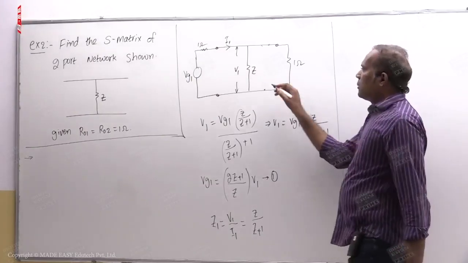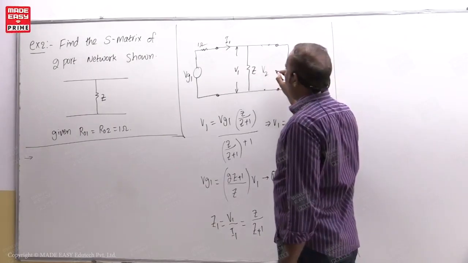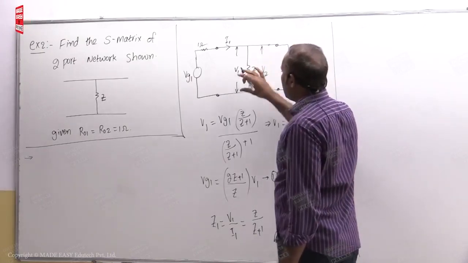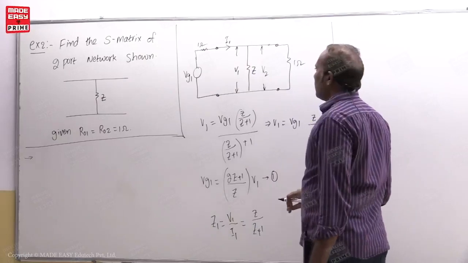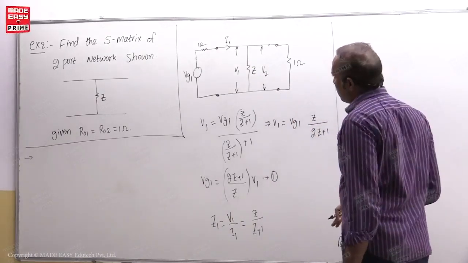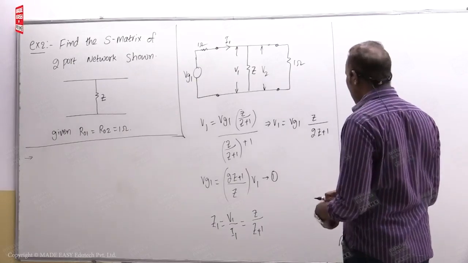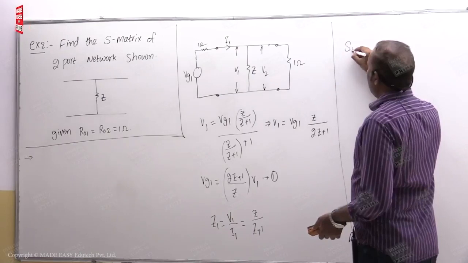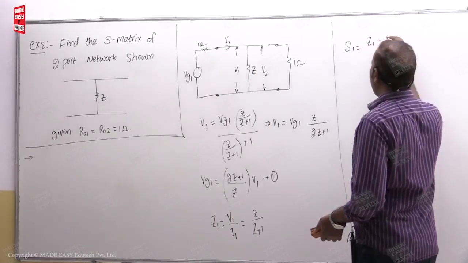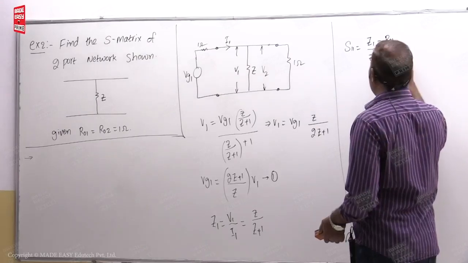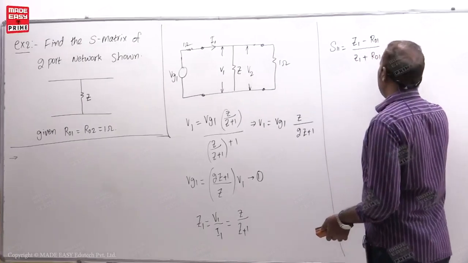Now of course if this is V2, then V2 is equal to V1, so V2 by V1 is actually same, V2 is equal to V1 here. Now let us write the parameter S11. S11 is equal to (Z1 minus R01) divided by (Z1 plus R01), like (ZL minus Z0) by (ZL plus Z0).